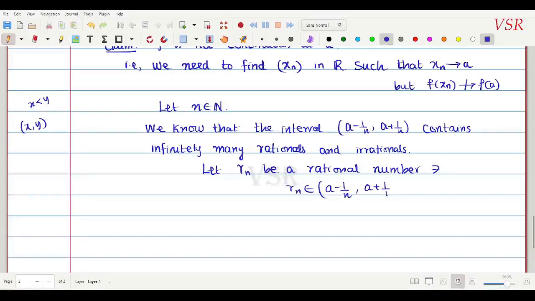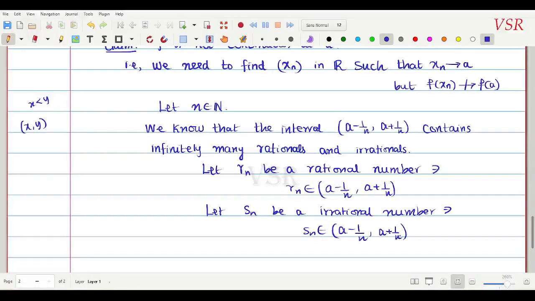I took a sequence of such numbers. After that, let Sn be an irrational number such that this Sn also lies in the interval a minus 1/n comma a plus 1/n. I took irrational numbers lying in this interval.